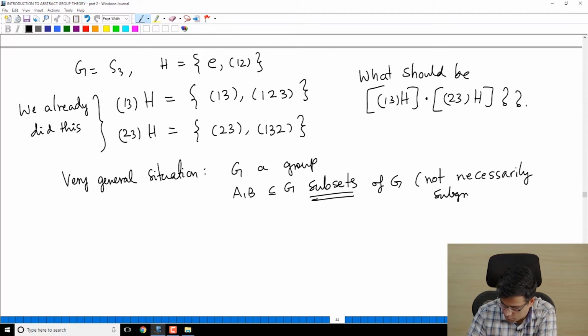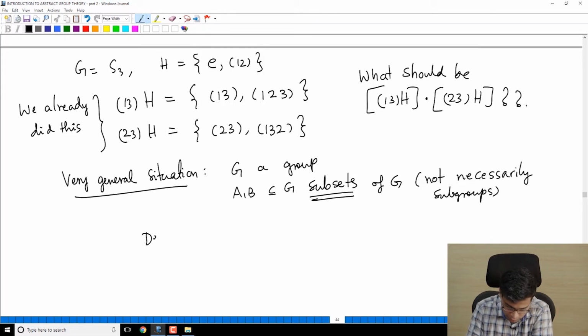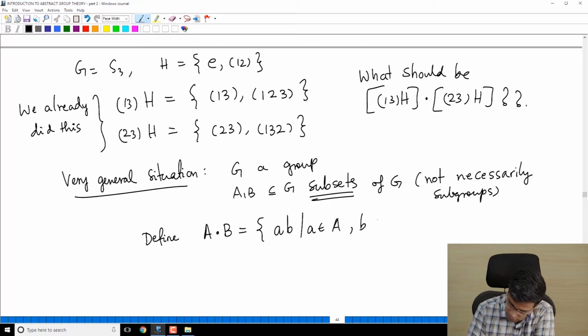They can also be subgroups, but I am not restricting only to the case of subgroups. Define, because it seems like we have to multiply two subsets of a group here. In order to multiply (1 3)H and (2 3)H, we have to multiply two subsets. So let's define A dot B to be simply {ab : a in A and b in B}. Okay, this is just the product set.